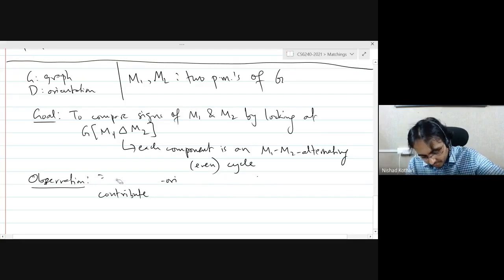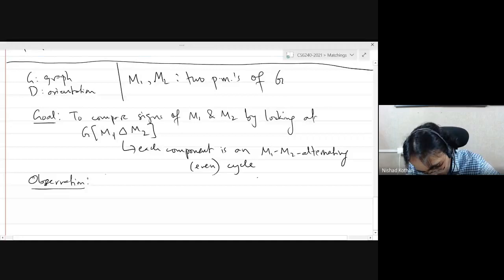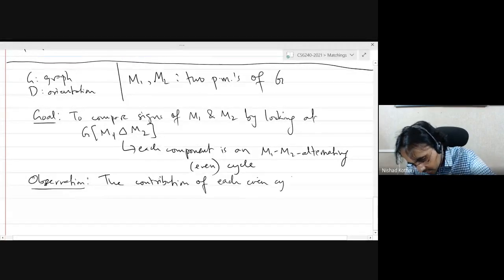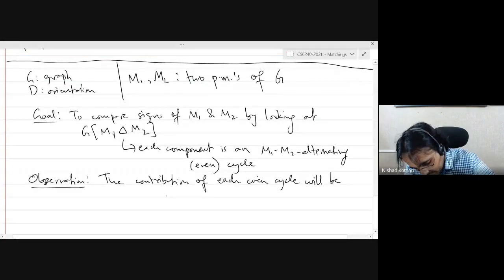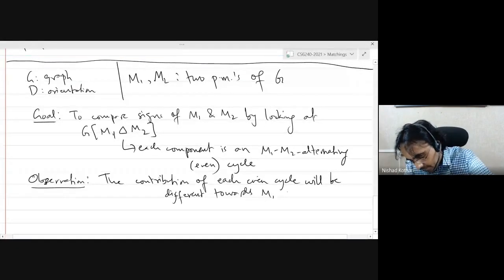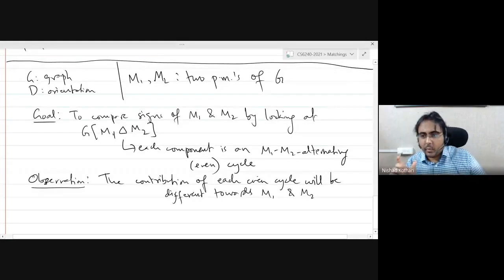Okay, maybe I'll put it this way. The contribution of each even cycle will be different towards M1 and M2. So if it contributes a +1 towards the sign of M1, then it will have to contribute a -1 towards the sign of M2.